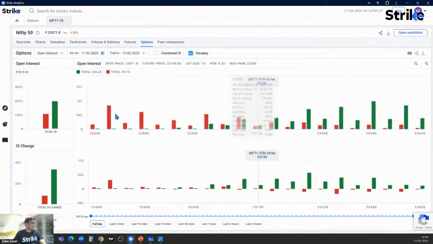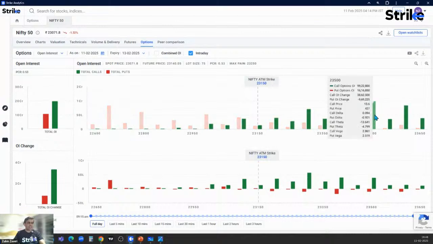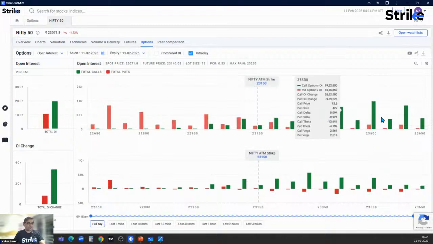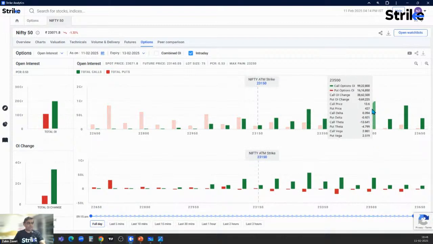Now you can see that the highest open interest in Nifty is built at 23,500. This bar over here, can you all see, my friends? 23,500 is where the highest call open interest is. It means that 23,500 is a very strong resistance level for Nifty.